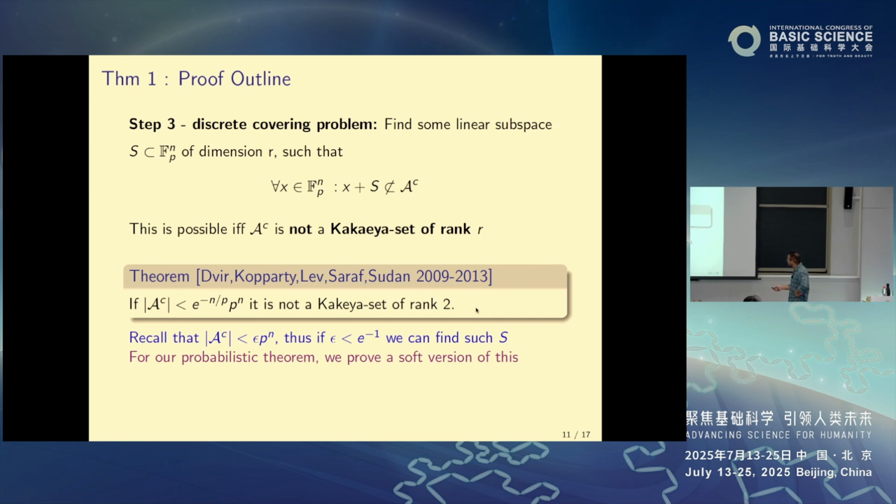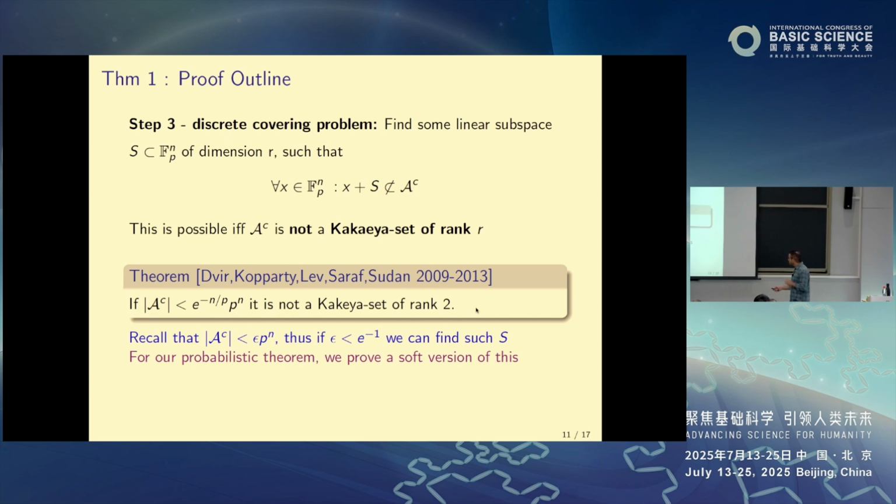It says that if I have a set in F_p to the n, a finite field of characteristic p, and the size of this set is less than e to the minus n over p times p to the n, then this set cannot be a Kakeya set of rank 2.